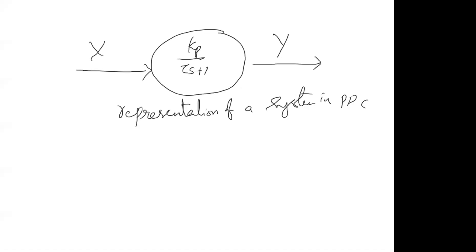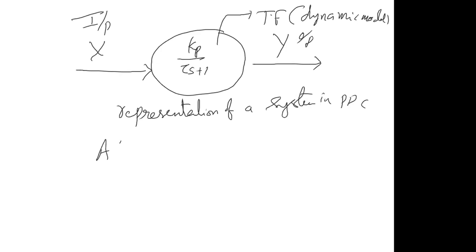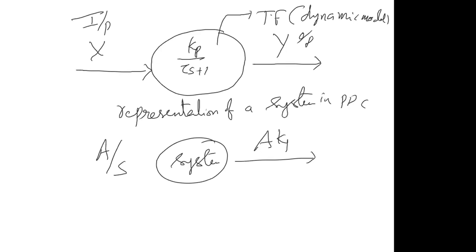This is a transfer function, but in your mind you should read it as a dynamic model. This is an input, this is output. Suppose my input is A by S on this system, then your output is A Kp into 1 minus e power minus t by tau. Clear? So this is how you should read the entire terminology.